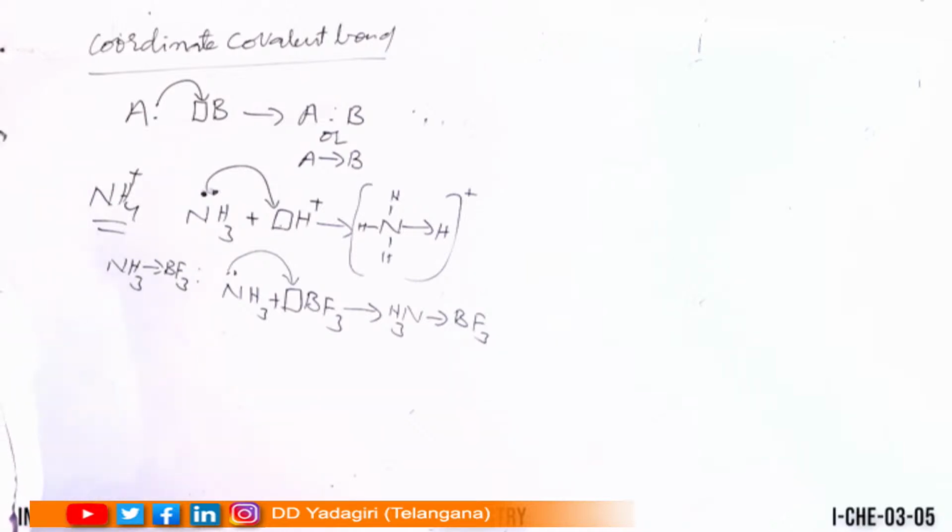There is one molecule called ammonium chloride where you can see all the types of bonds.